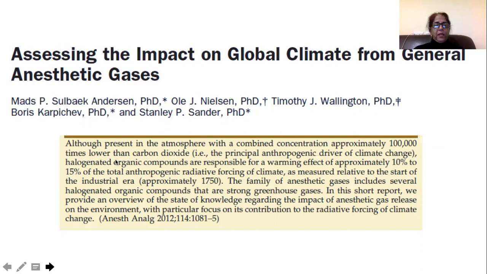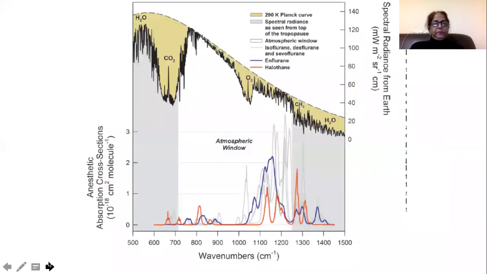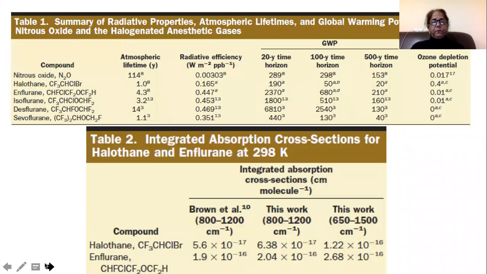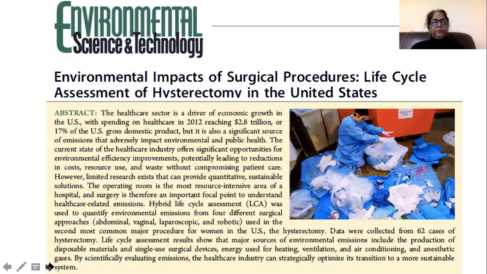Again, they found that the radiative forcing because of anesthetic gases was depleting the ozone layer in a significant manner.